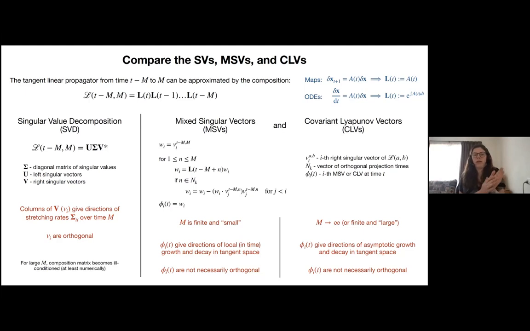Vector 1 will have the largest stretching over that interval, vector 2 will have the second largest, and so forth, and they are all orthogonal to one another. However, in the mixed singular vectors, you start out with some initial singular vectors, actually.